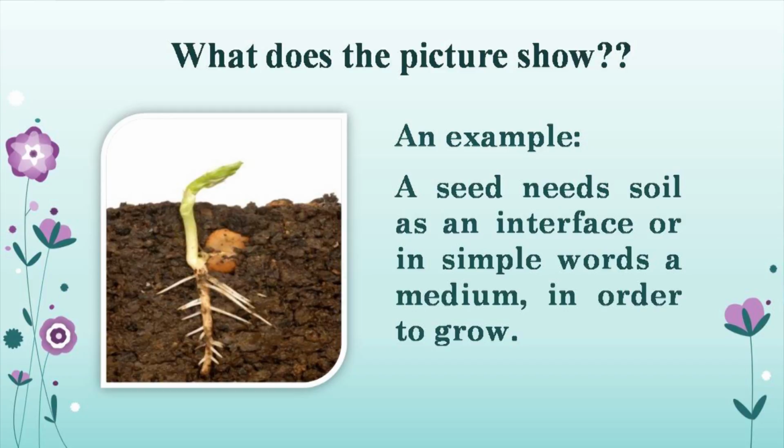The seed is sowed in the soil, and once it gets all the nourishment, it grows and becomes a part of the atmosphere or the environment. Now, this seed needs soil as an interface, or in simple words, a medium in order to grow.